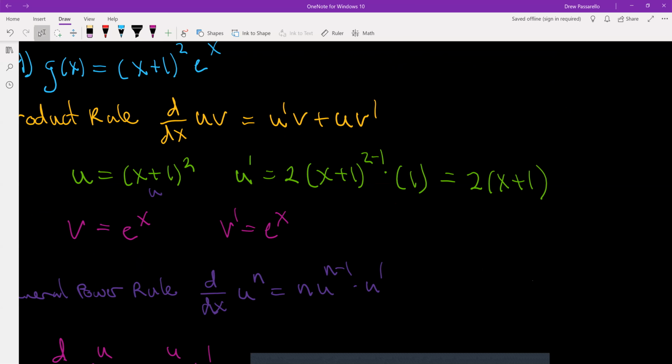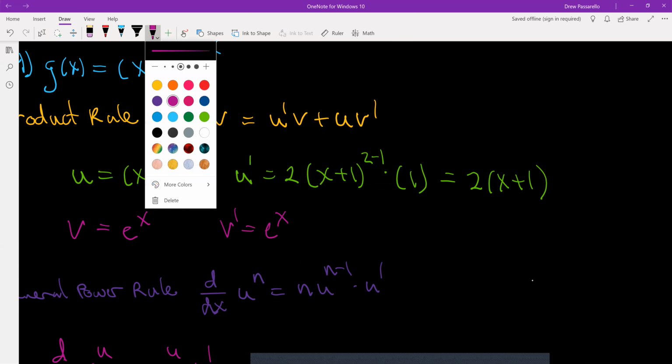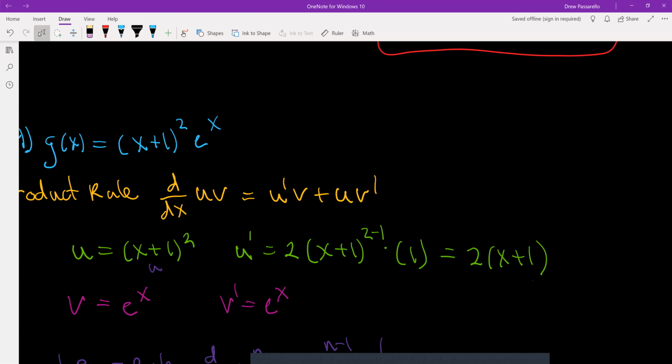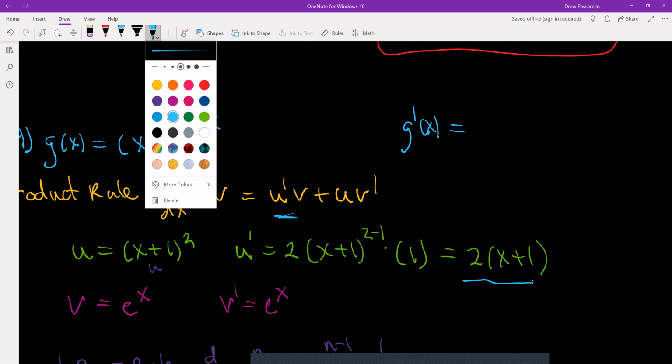Okay, so I'm going to plug these into the product rule, and I'll use the colors you see. So g prime of x is going to equal u prime times v. U prime is this, 2 times x plus 1.